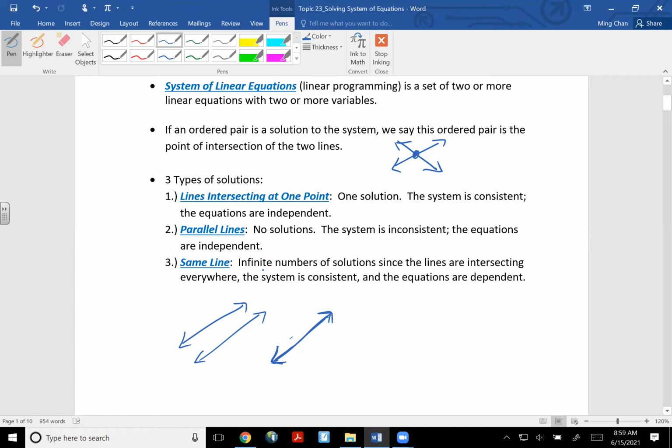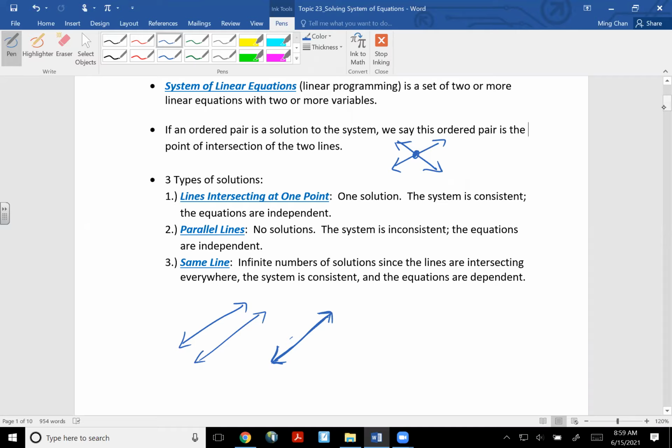So if it's the same line, you will have an infinite number of solutions since the lines are intersecting everywhere. So you do have an answer, your answer is just infinite. So the system is consistent, but the equations are dependent, because since it's the same line, they depend on each other. If one changes, the other one has to also change to actually stay as the same line.